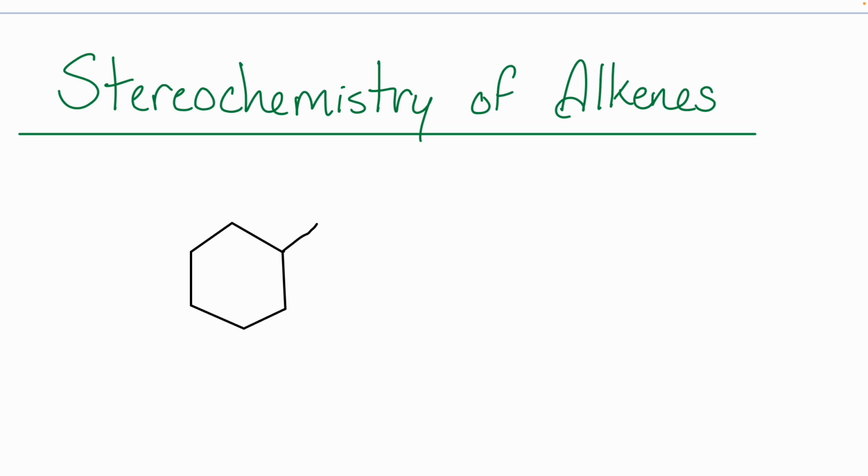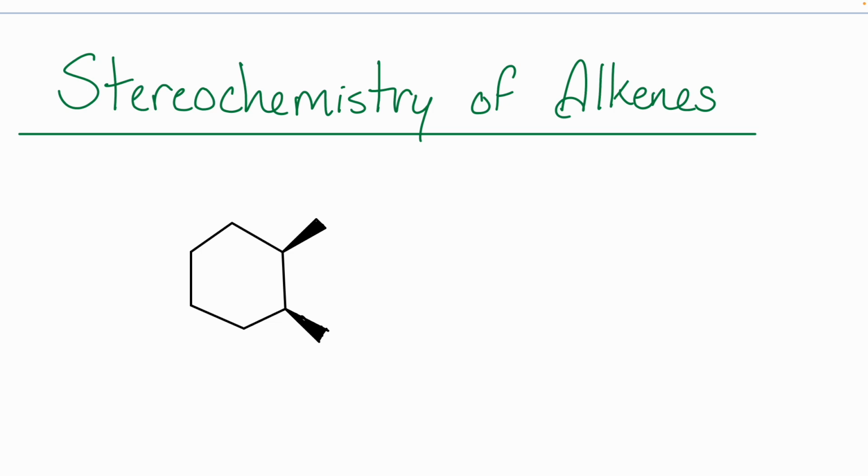So if we have, for example, 2 methyl groups that are pointed in the same direction away from that ring, they're locked in that direction, right? You're not going to be able to rotate so that one of them's pointing into the board and one of them's pointing out. They're both pointed out at you here.